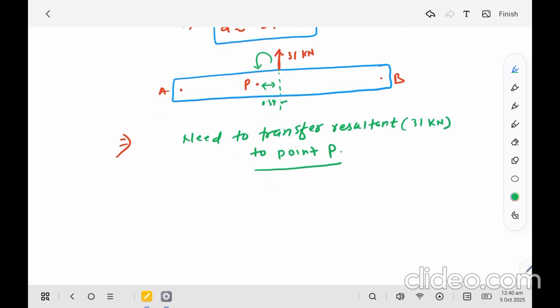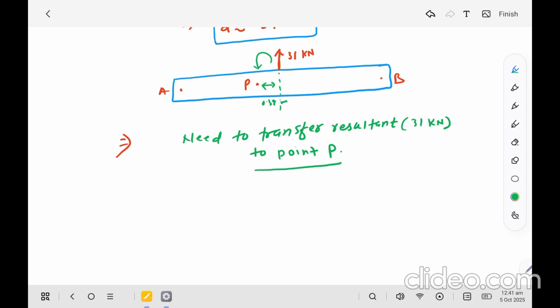We already discussed that we can transfer any force to a new parallel position. So we can use the concept of force transfer to a new point.